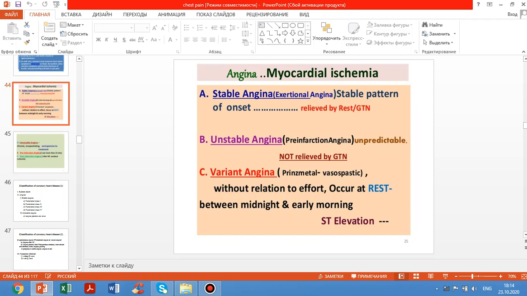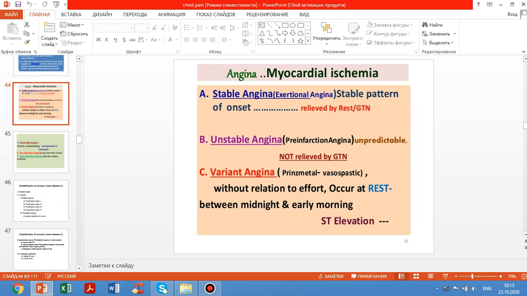On this slide you can see types of angina. Angina is a myocardial ischemia. Stable angina, exertional angina: stable pattern of onset, relieved by rest and sublingual nitroglycerin.